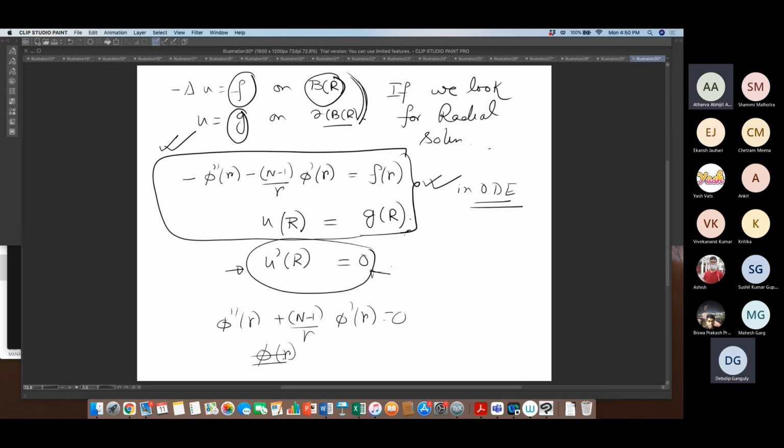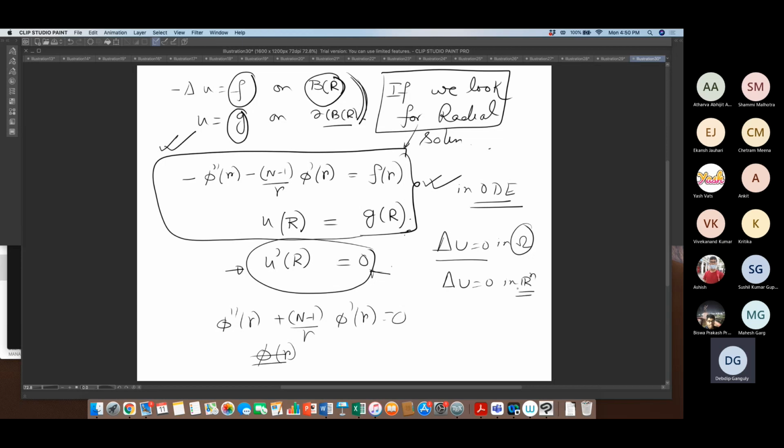But not always. If we look for a radial solution, then Laplacian of u equal to 0 in omega, and this omega can be very bad. You don't know what omega is, right? If it does not have a radial symmetry, then you cannot seek this solution. But in Rn, Rn has a symmetry, right?